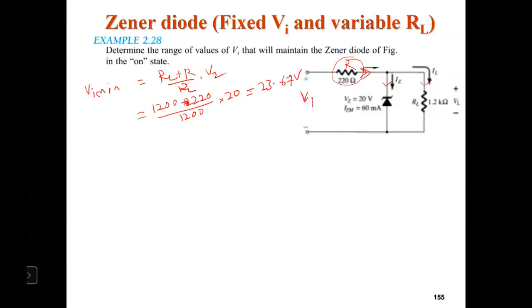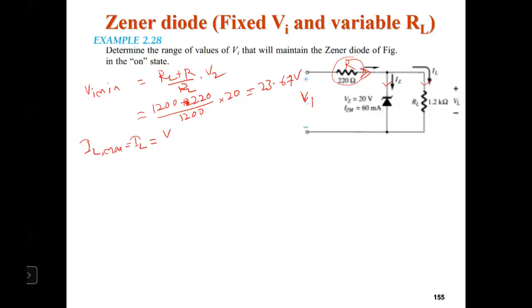IL max will be equal to simple IL, because on the on time, whatever current IL has, that will be the max one. So that will be equal to, how much, you tell me?